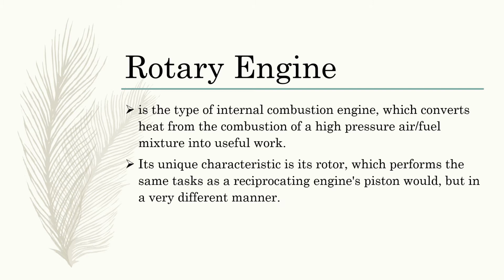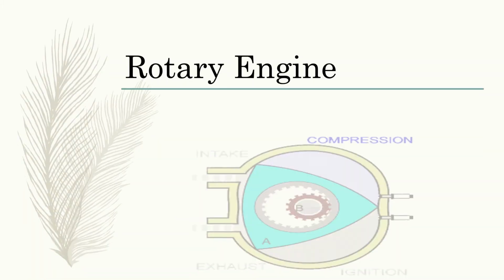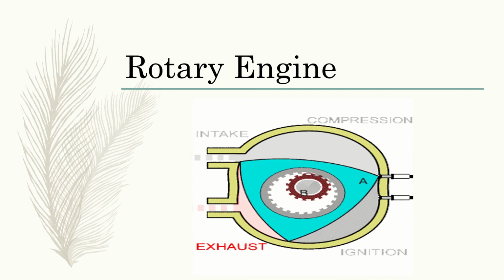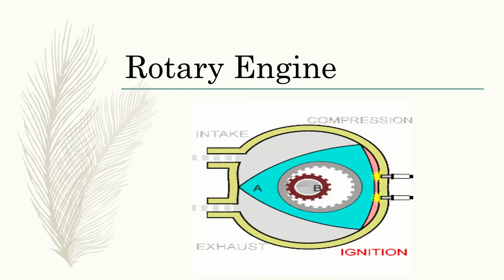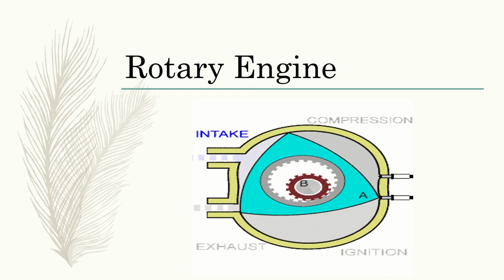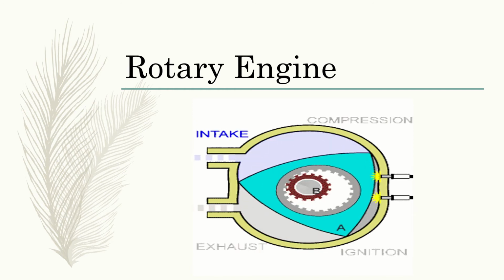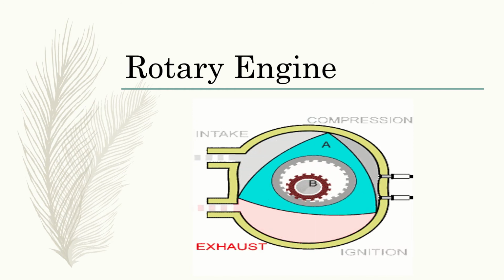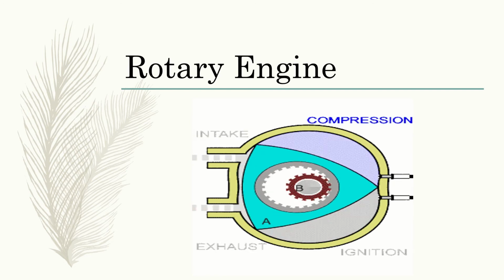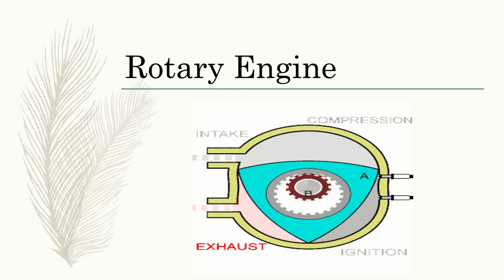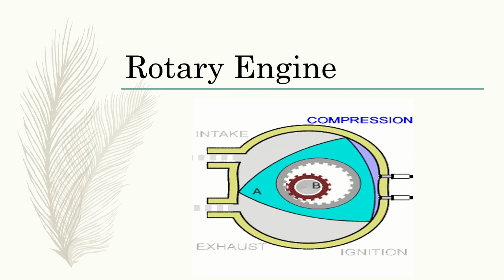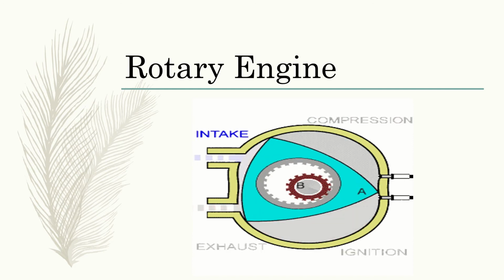different manner. So in this figure, we could see the Wankel engine, which is another type of rotary engine. So like the reciprocating engine, it also uses 4 stages of the cycle, but in different ways.